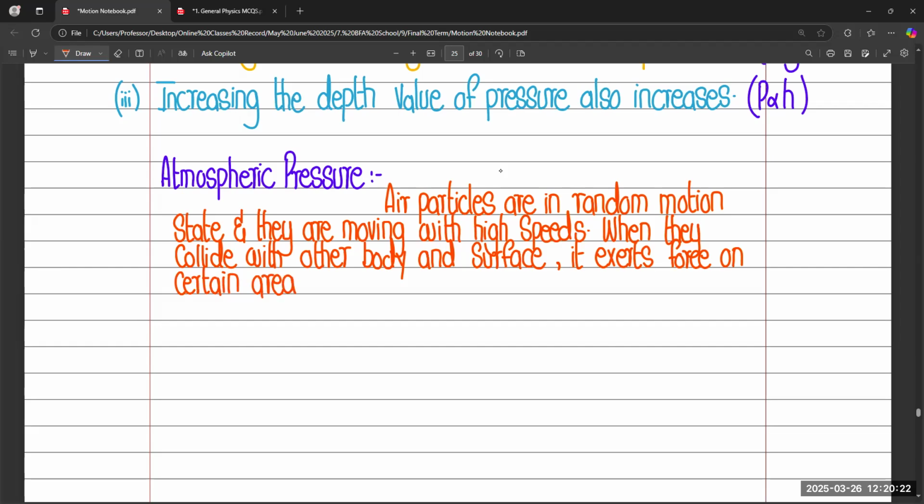For example, if we consider a square box, that square box has a certain area. When air particles exert force on it, force per unit area creates the pressure, which is called atmospheric pressure, because it is exerted by the particles in the atmosphere.